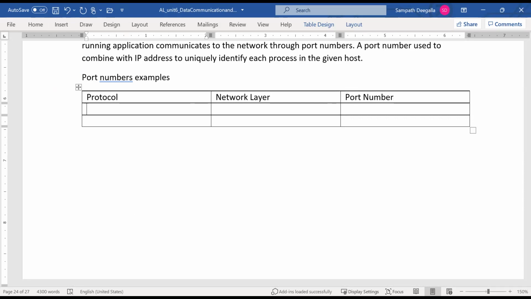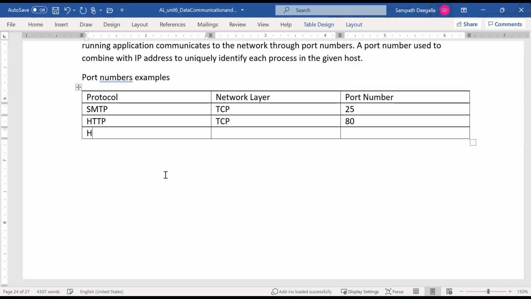When you want to communicate with the different applications, we need a protocol. First, when you want to handle emails, we have a protocol called SMTP, Simple Mail Transfer Protocol. It works on the TCP layer. I will discuss this TCP later on. And the port number is 25. Likewise, HTTP, Hypertext Transfer Protocol, especially we use to share web pages, and the port number is 80.